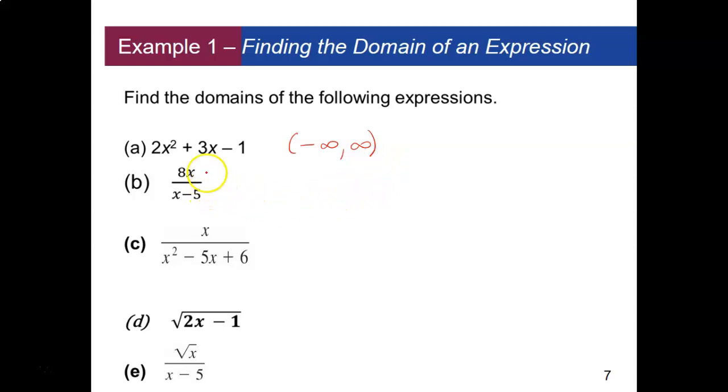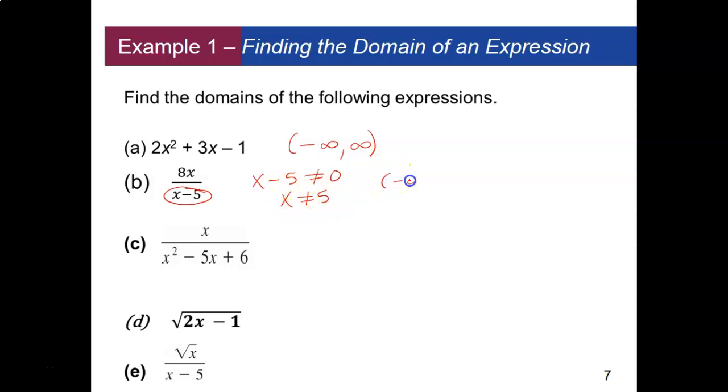The second one here, we're really not concerned about the x in the numerator. It can be anything. The denominator is the place that we're concerned about because we need to figure out what can x not be. What is it that we put in for x that's going to cause our denominator to be 0? So what I'm going to do is I'm going to say x minus 5 cannot be 0. And then if I solve that, I'm going to get that x cannot be 5.